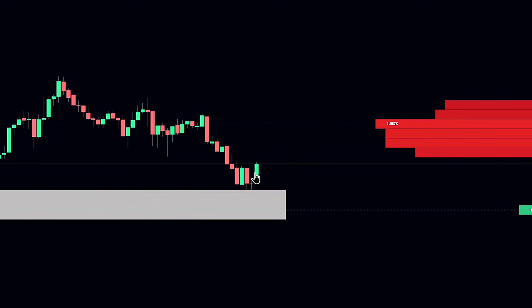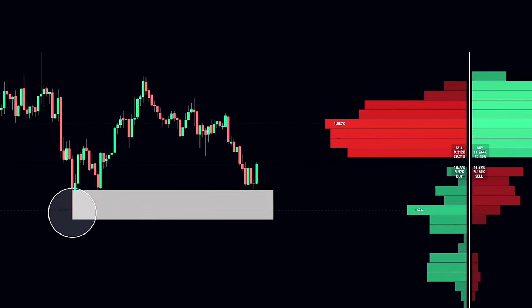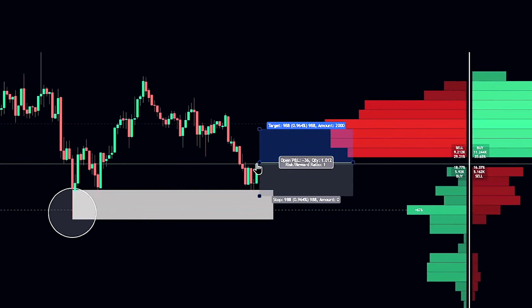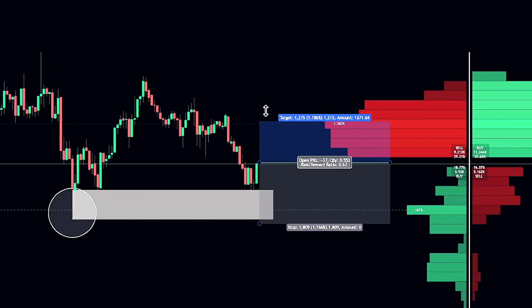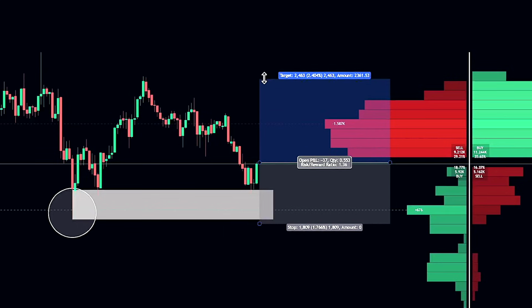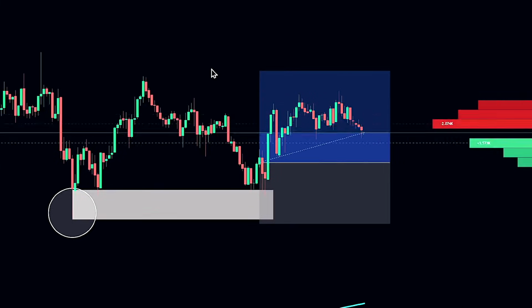And right here, we get a beautiful engulfing candle, which is our signal to enter a long trade. The stop loss goes safely below the zone, and the take profit is set at 1.5 times the risk. We'll let the trade play out.